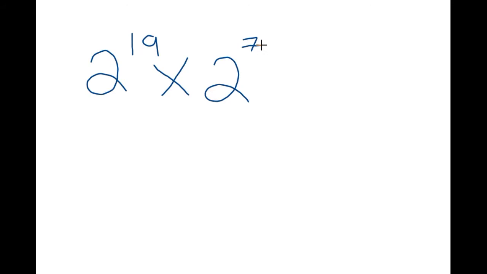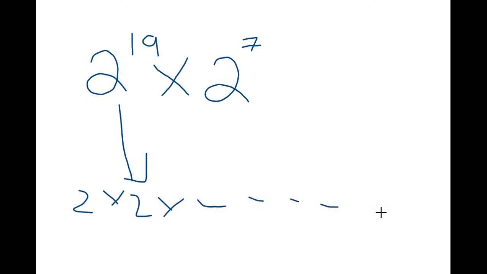So now you're not going to expand them like 2 times 2 times 2 times and so on 19 times, and then multiply, and then 2 times 2 times 2 like 7 times, because this will take a lot more time. And if there's a much bigger power than this, you might as well calculate them wrong.